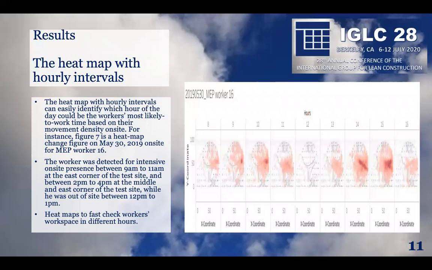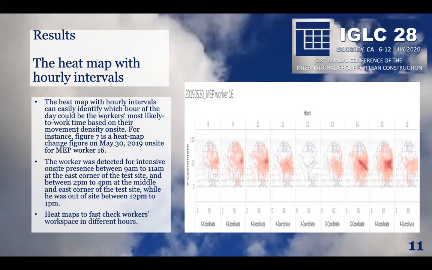So we followed this method to generate the heat maps for the workers. First we generated the heat maps with hourly intervals. The heat map with hourly intervals can easily identify which hours of the day the workers are most likely to work, based on their movement density on site.